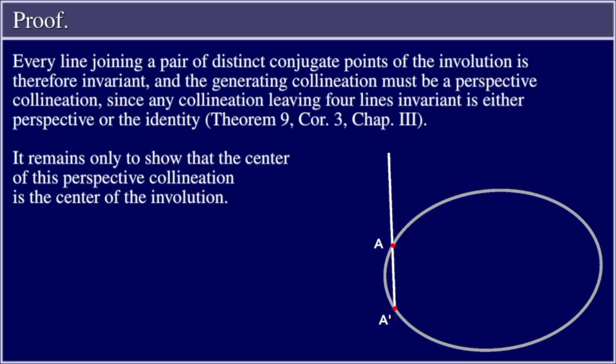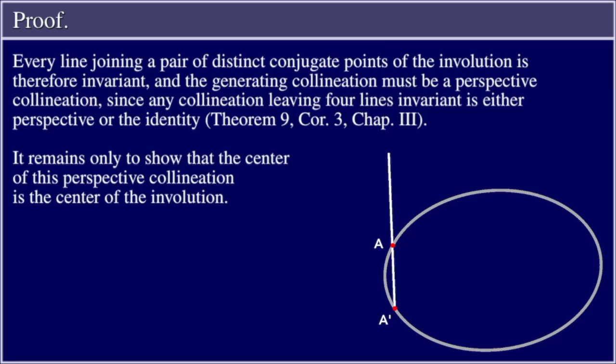Every line joining a pair of distinct conjugate points of the involution is therefore invariant, and the generating collineation must be a perspective collineation, since any collineation leaving four lines invariant is either perspective or the identity. Theorem 9, Corollary 3, Chapter 3.